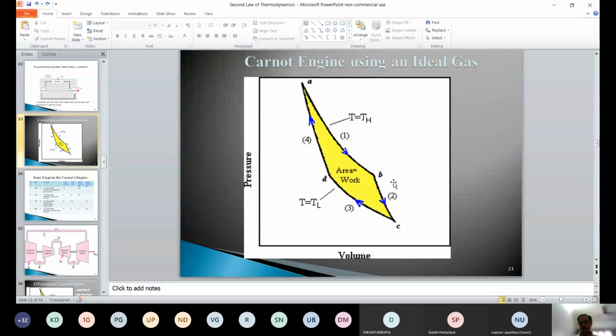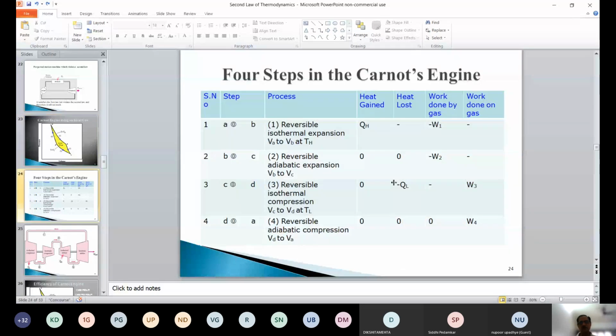So these are the 4 steps: isothermal expansion, adiabatic expansion, isothermal compression, and adiabatic compression. So 2 expansions, 2 compressions. Right? So let us correlate with the heating.